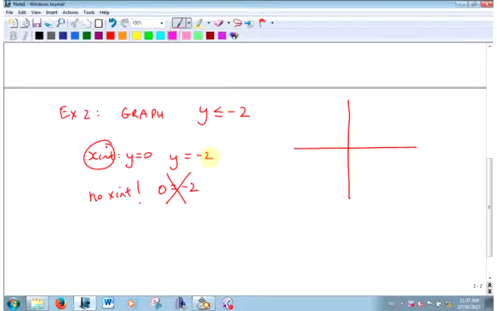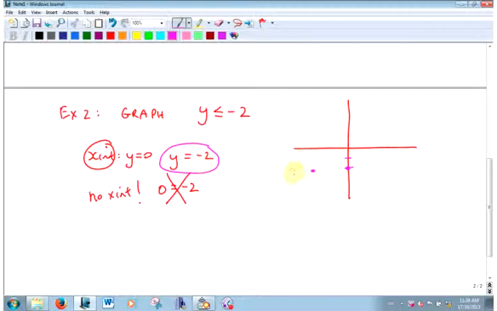Here is the line. Y is -2, irregardless of X. There's no X even here. Okay? So here's -1. Here's -2 for Y. If X is 0, Y is -2. If X is -4, Y is -2.